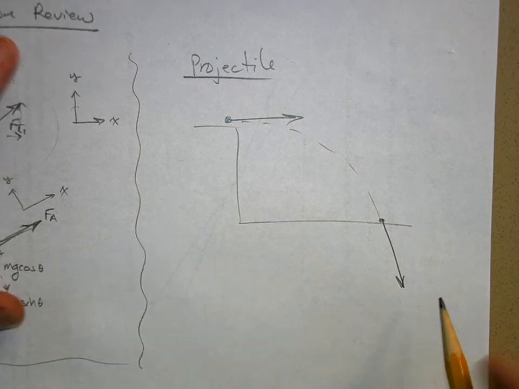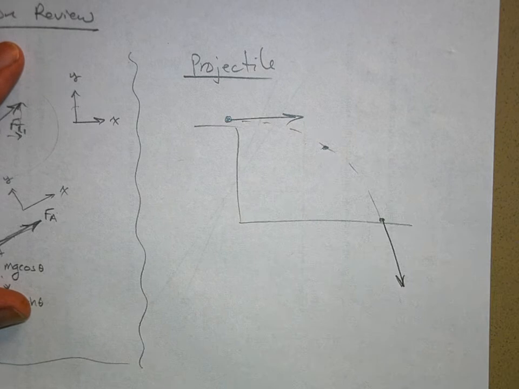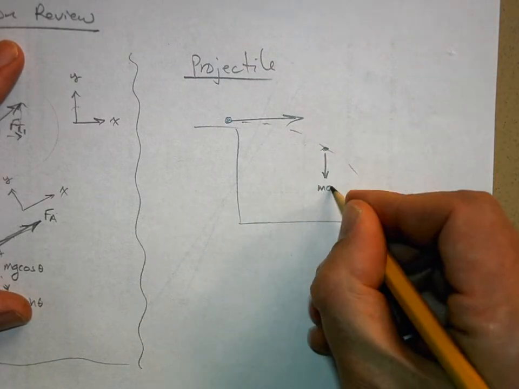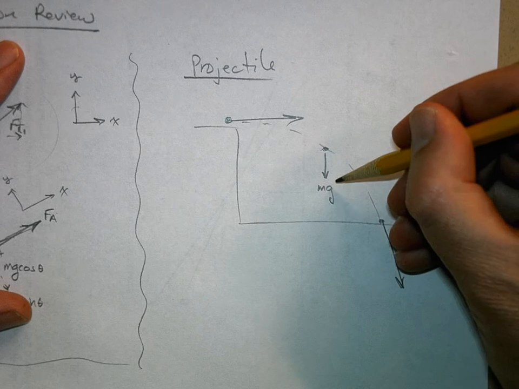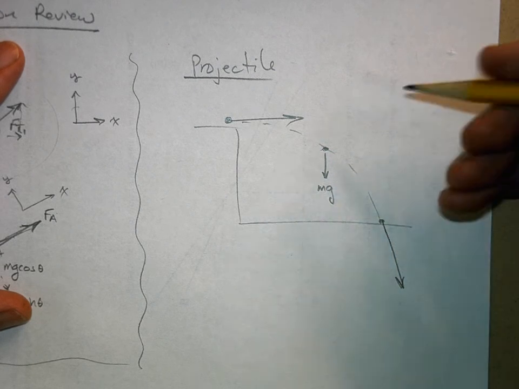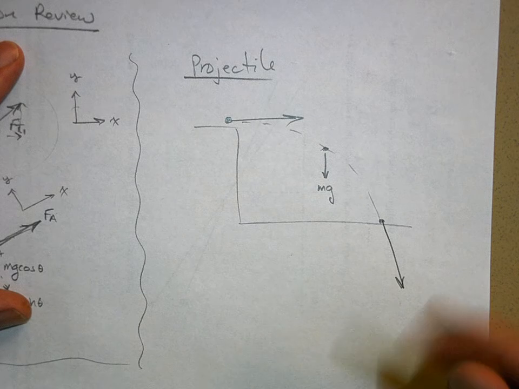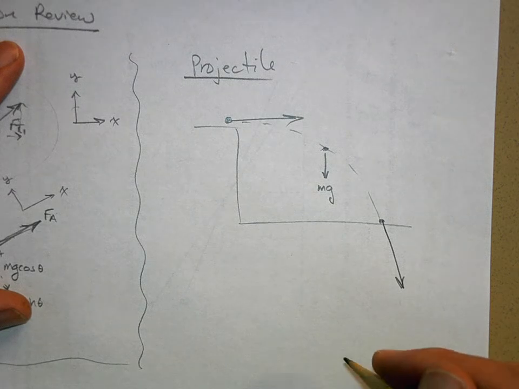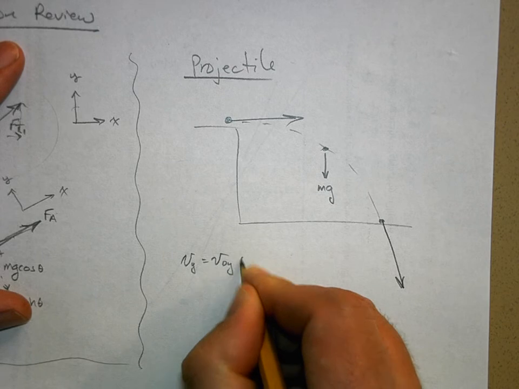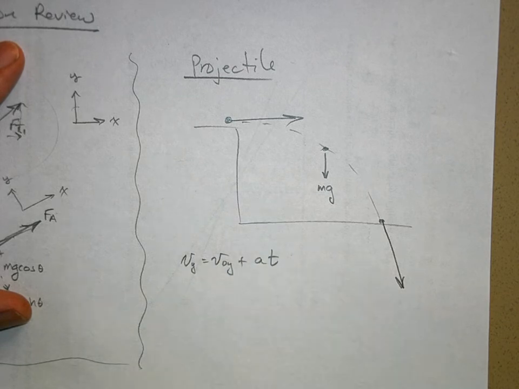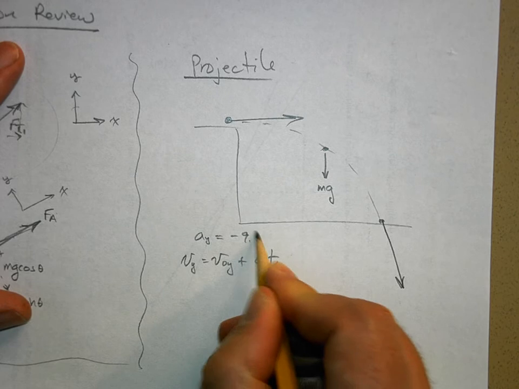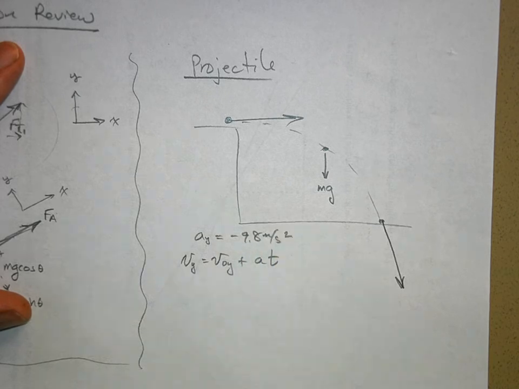So anyway, if you look at a free body diagram of a projectile, the only force acting is mg. So therefore, the only acceleration is the acceleration of gravity in the y direction. So that gives you the 4 kinematic equations in the y direction only. Vy equals V naught y plus a times t. But what is a? Negative 9.8 meters per second squared.